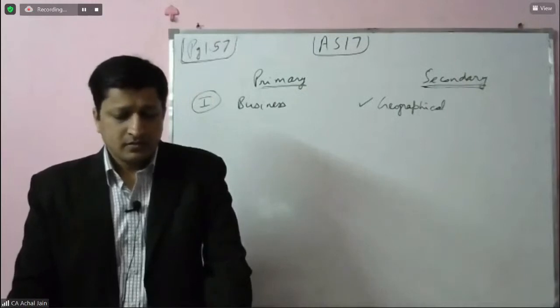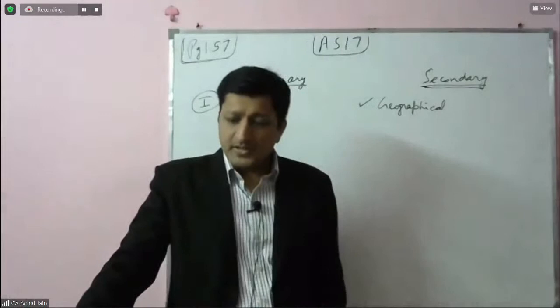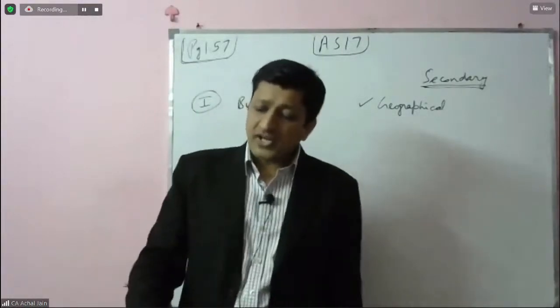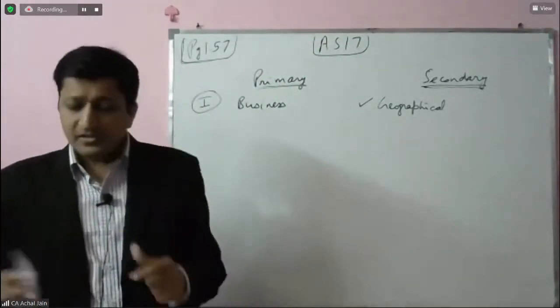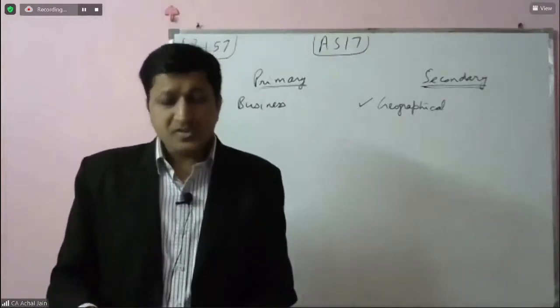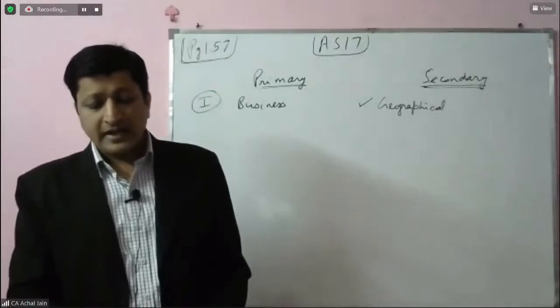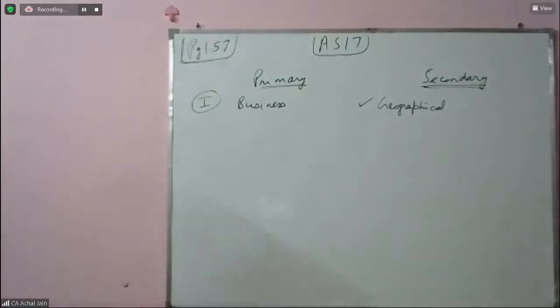Again, have we not really identified the reportable segments? If that is already done, then why are we again checking that disclose this number for geographical segment whose revenue from sales to external customers is 10% or more of the enterprise revenue? You may be thinking, sir, this criteria would have already been met because that's why we would have considered the segment as reportable.